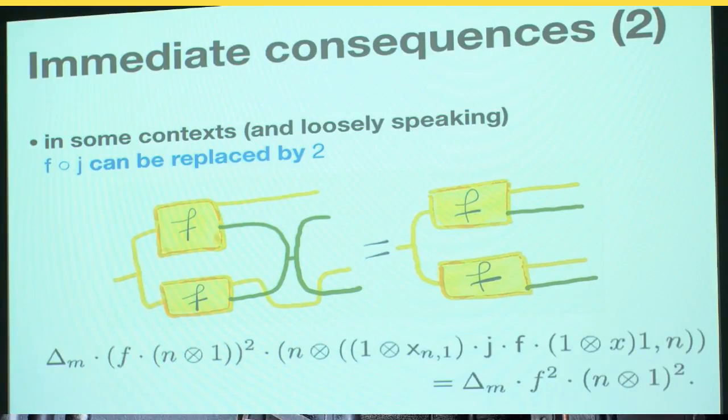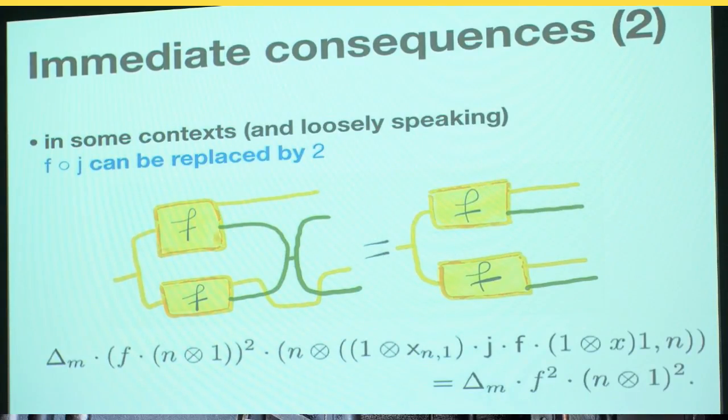So in a loose sense, very loose, I can say that in this particular circuit context, I can replace this green wire by these 2 green wires. So it's almost as if in a particular context, F composed with J is also a bit like an identity. So this is kind of a derived property that is going to come in handy later.